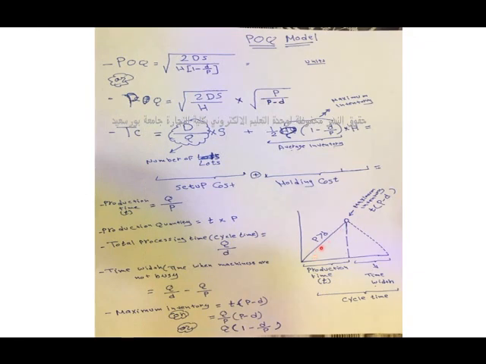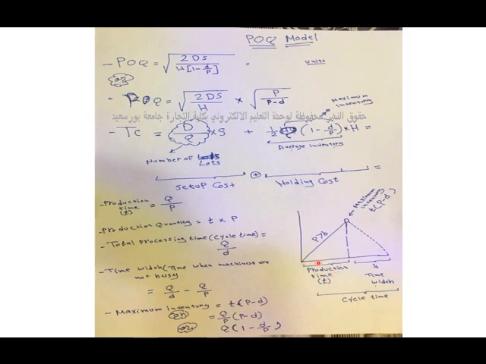Then when your inventory reaches the maximum inventory, you stop producing and use the products from your stock until it reaches zero. Then you can start to produce other lots like here.